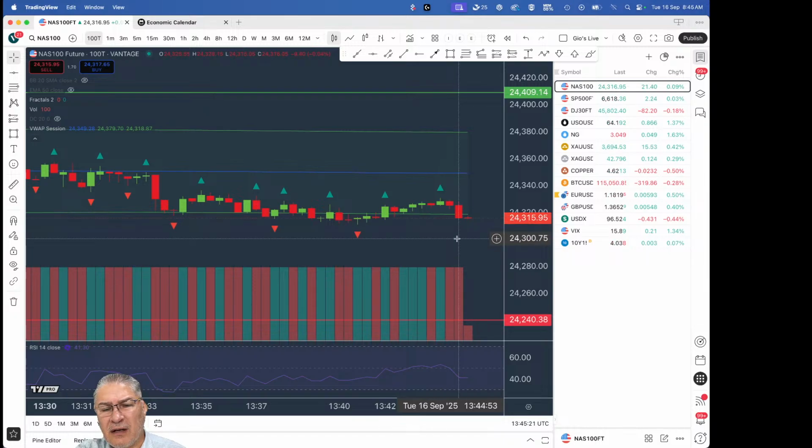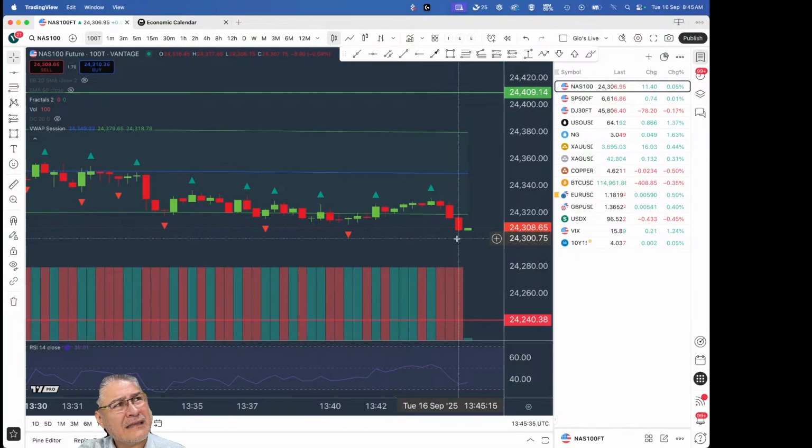Again, I think the market is going to come down towards 24.30 to find that support before it makes another leg higher. And if that's the case, let's see what will happen. Pushing higher. Okay.